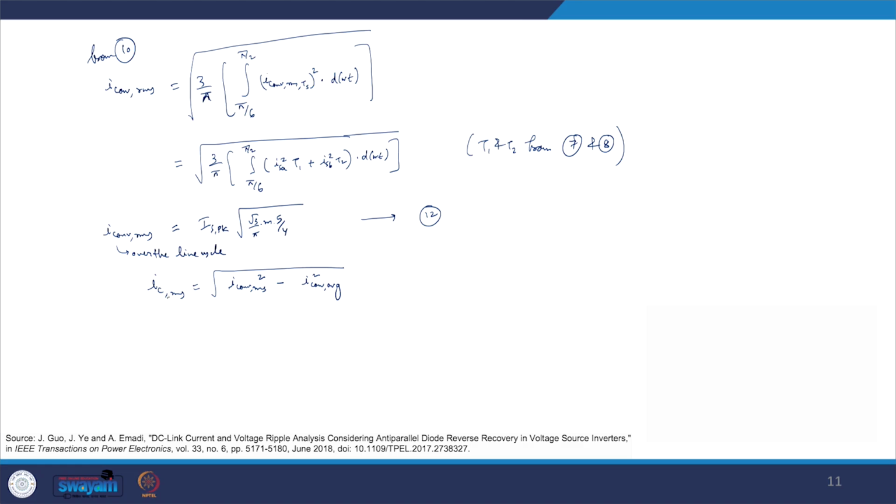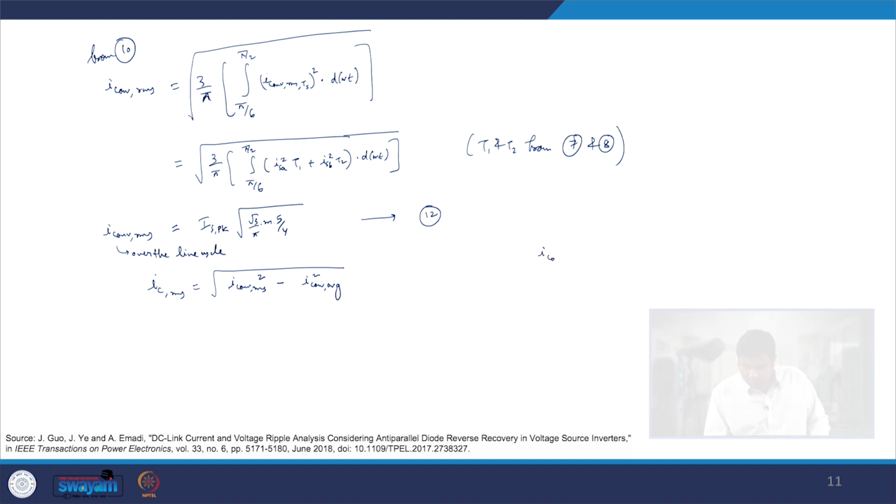and then we can calculate the IC RMS by subtraction of the RMS value of I converter, which is coming out of the half bridges, and minus the square of I average, because that's the current which is going into the load.